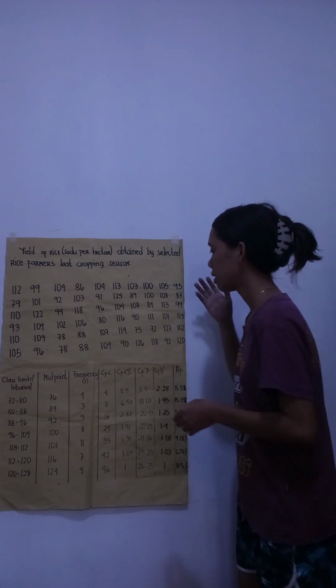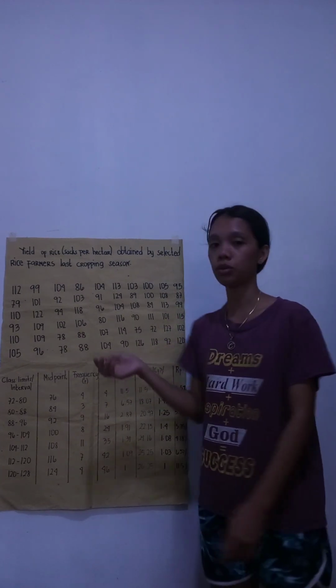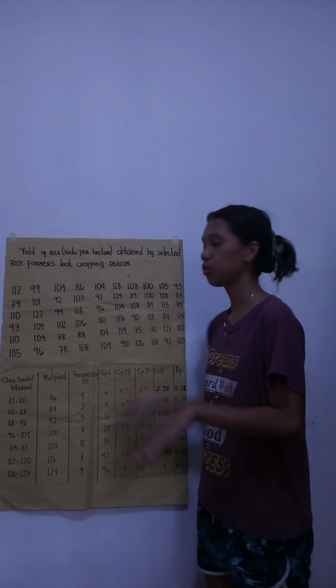And then the upper boundary and lower boundary, then you divide it into 2, for example, the 72 plus 80, where 72 is the largest value and 80 is the first class.